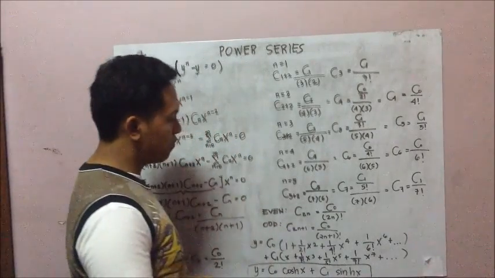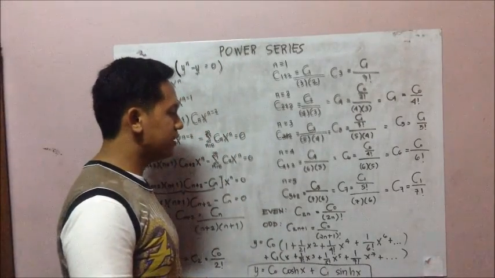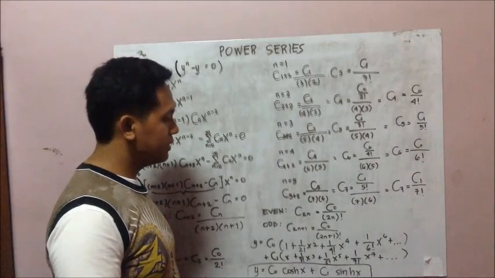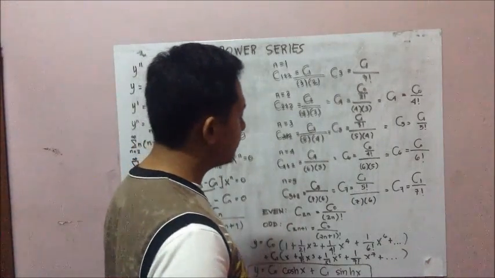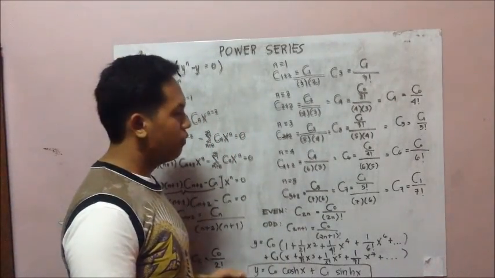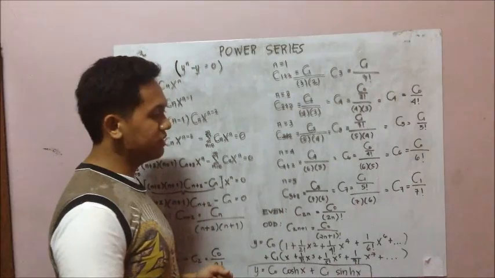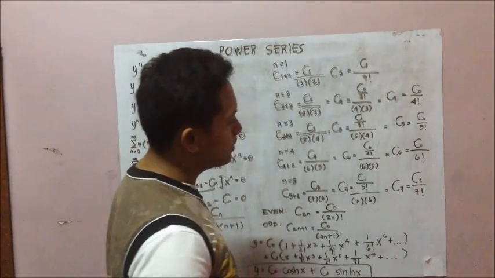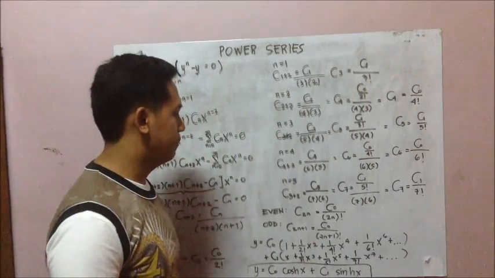For n is equal to 5, we have c_(5 plus 2) is equal to c_5 over 7 times 6, so c_7 is equal to c_1 over 5 factorial all over 7 times 6. So c_7 is equal to c_1 over 7 factorial.